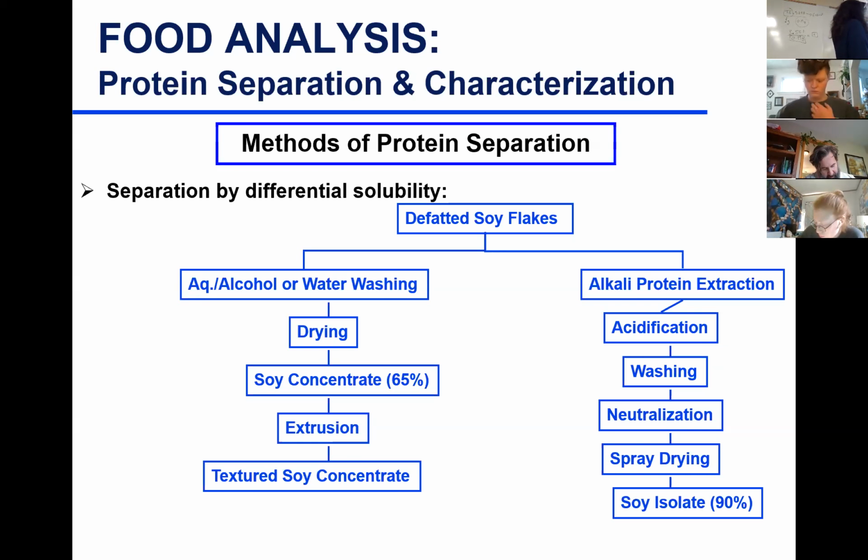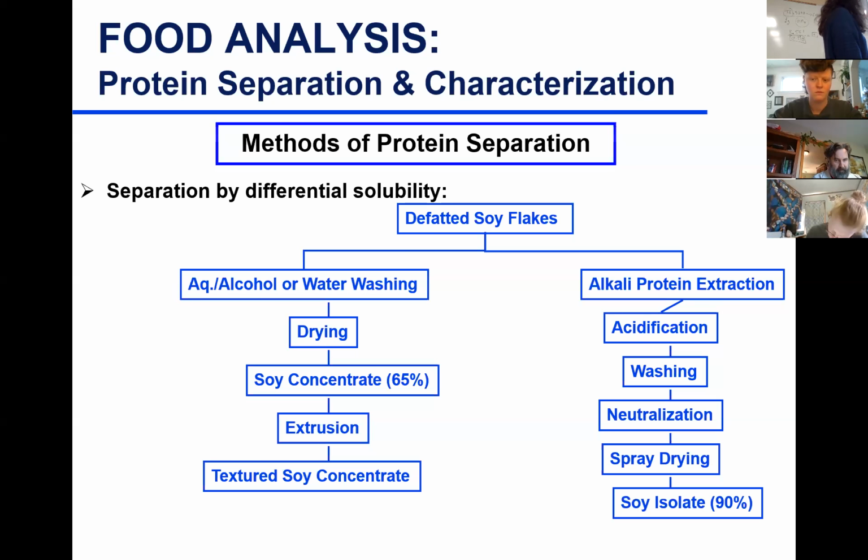So we put aqueous alcohol, let's say ethanol, to separate the solubles. The oligosaccharides and mono- and disaccharides become soluble, then you spin down the rest, and you have the fiber and your protein. You get a product that is 65% protein.